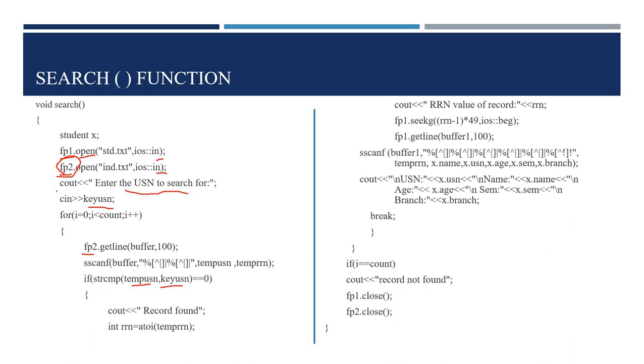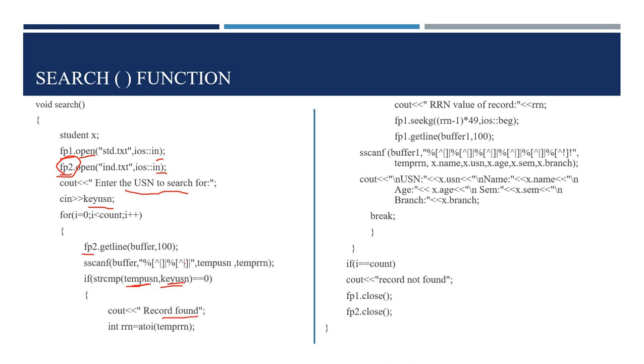That means in the index file, the USN is considered as an index referral value, which helps the user search for an element within the student file.